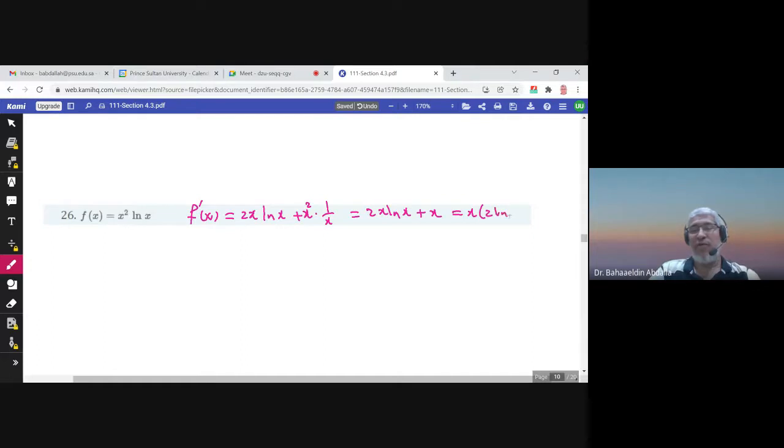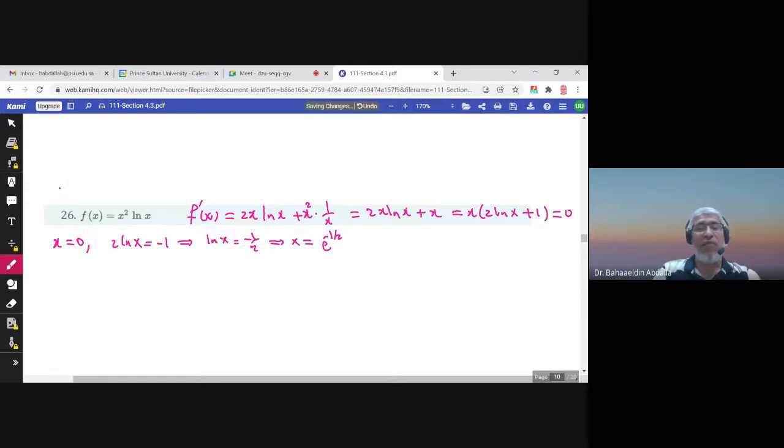So I have x times 2 ln x plus 1. If I put it equal to 0, then I have x equals 0. This is one answer. And 2 ln x equals negative 1. And ln x is negative half. And x is e to the power negative half. You raise both sides to the base e.